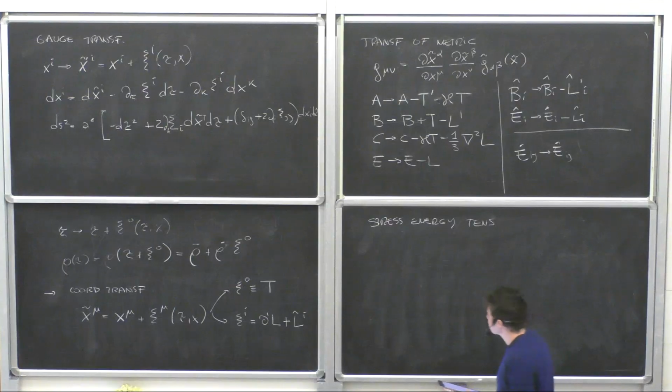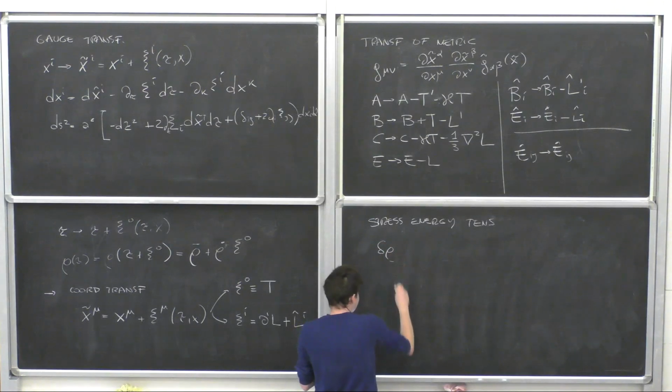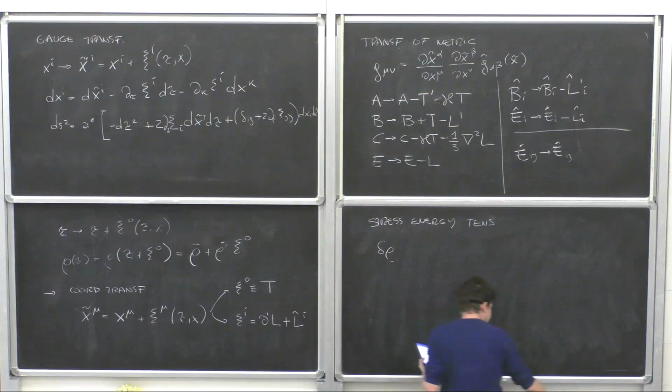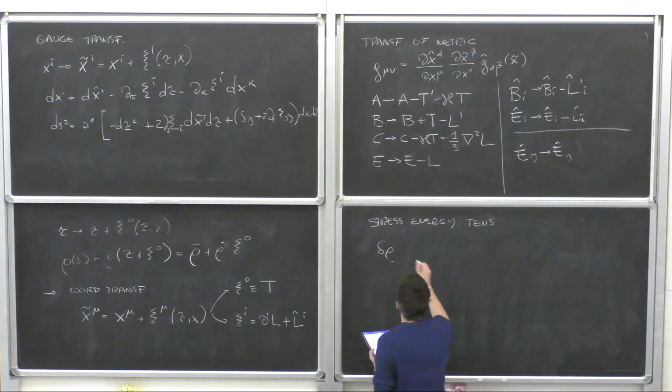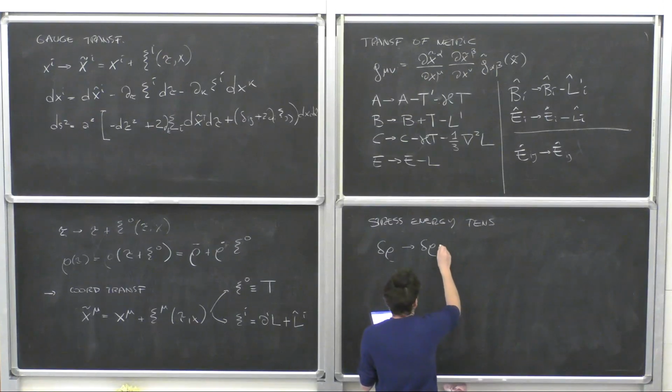Okay. So the stress energy tensor transforms in this way. Well, we basically change density fluctuations.